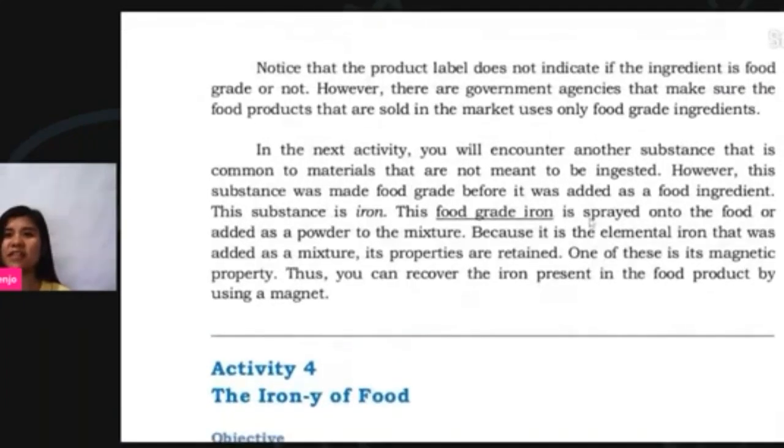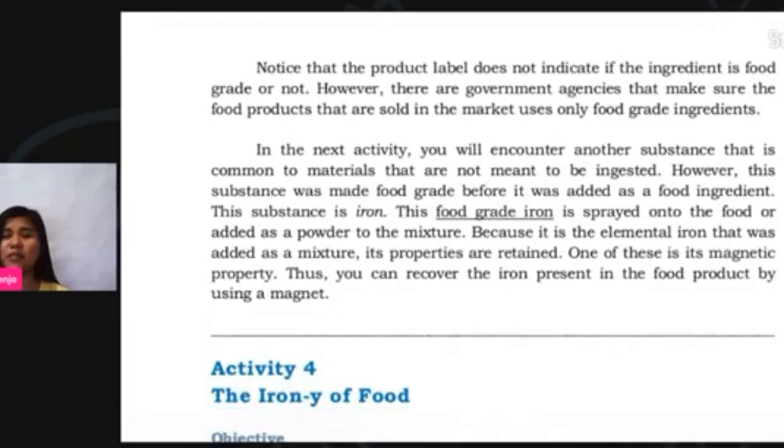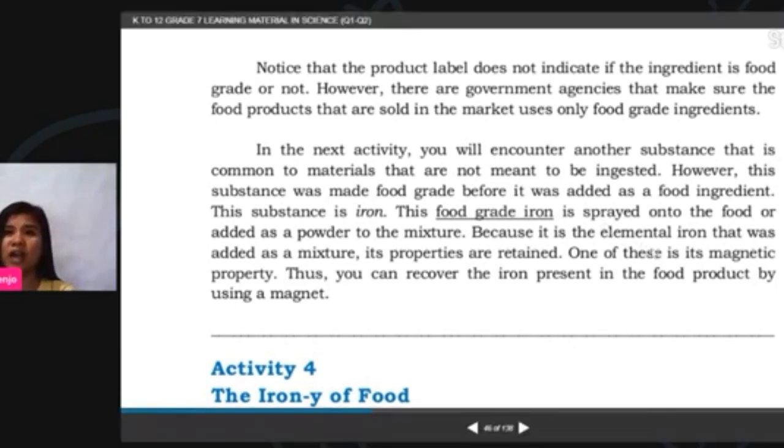In the next activity, you will encounter another substance that is common to materials that are not meant to be ingested. However, this substance was made food grade before it was added as a food ingredient. This substance is iron. This food grade iron is sprayed into the food or added as powder to the mixture because it is the elemental iron that was added.